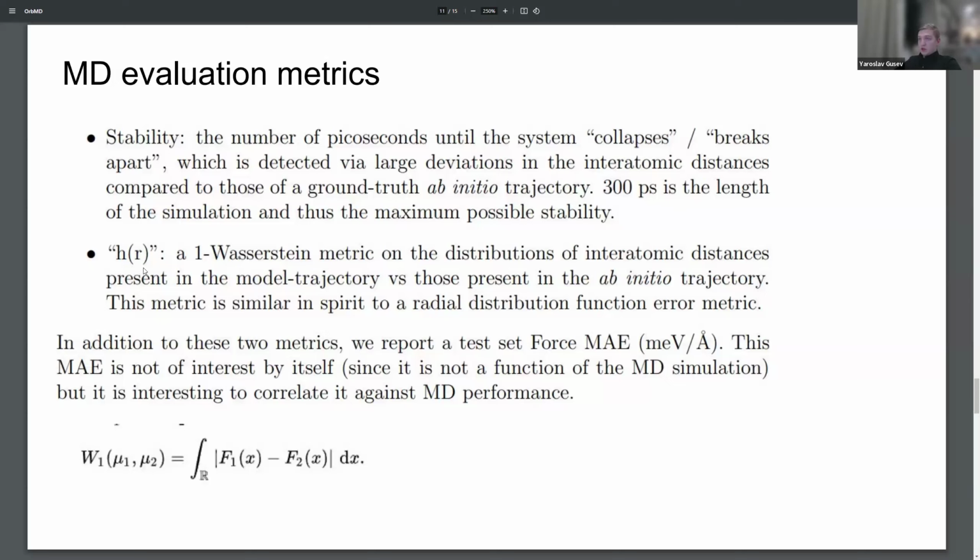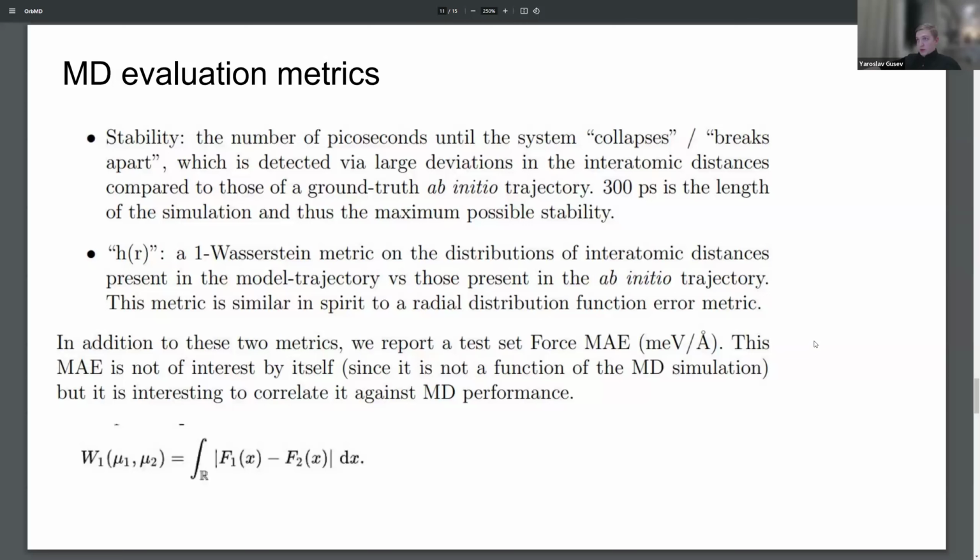Then another metric here is the Wasserstein metric, which is about two distributions. One is the interatomic distance during molecular dynamics of the machine learning approach, and the other is the ab initio quantum computations based on density functional theory. So you can evaluate the distribution of interatomic distances through the dynamics for two approaches, the ground truth ab initio trajectory and the machine learning driven approach.